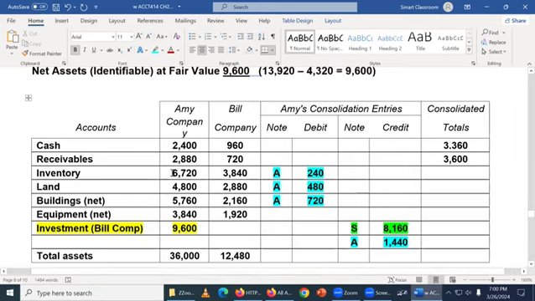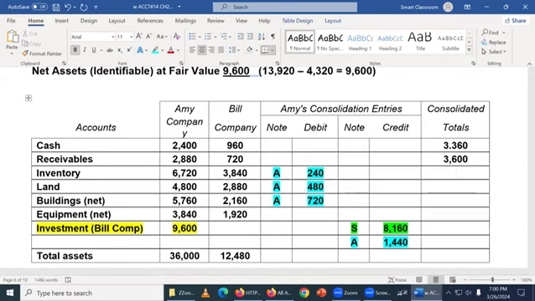Now, here we're gonna put the inventory on our book value, Bill's company book value plus the excess, excuse me, the excess asset of their inventory, which is, we think their inventory is 240. How much? Oh, yeah. So we're gonna add that to the 6720.